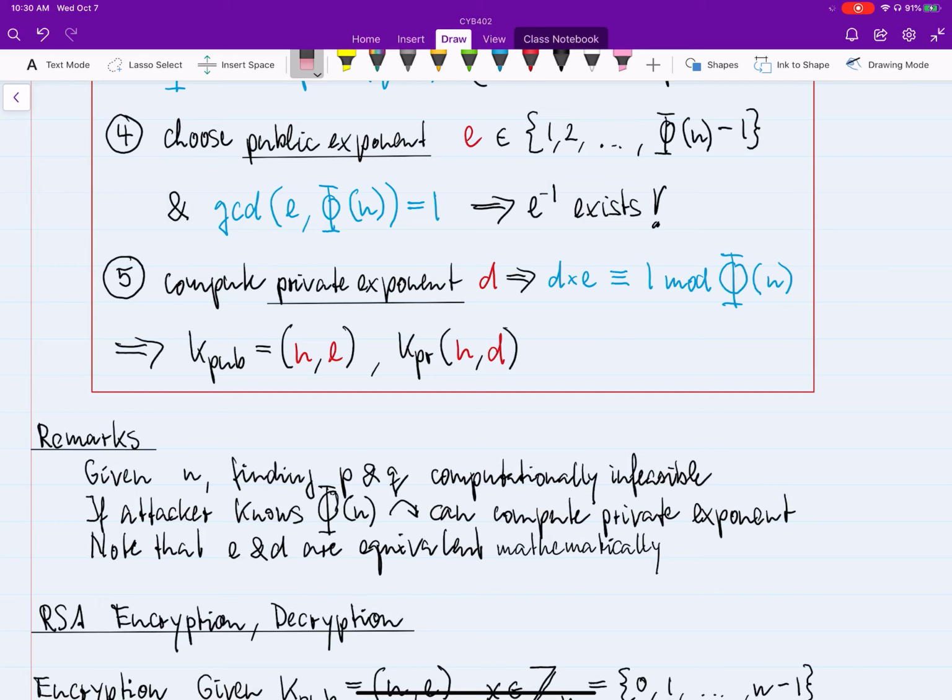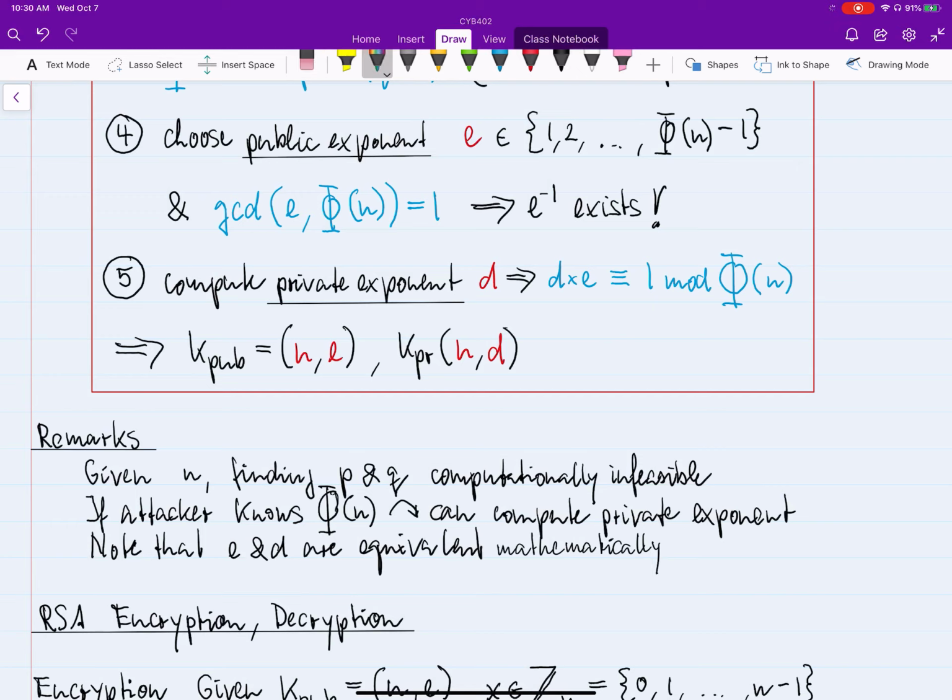You can always factor n into its two primes, and that is the way to crack RSA.